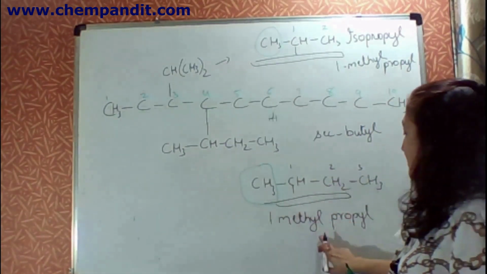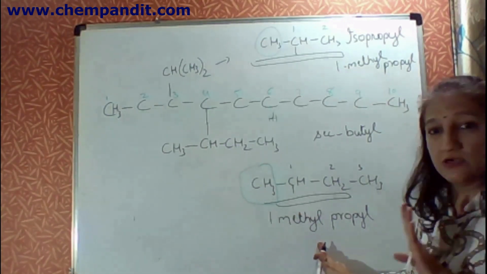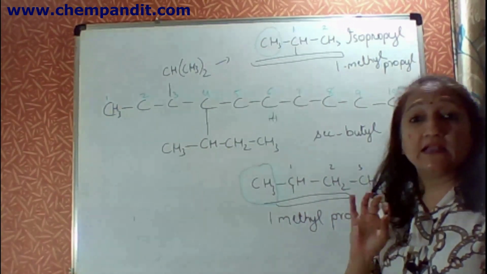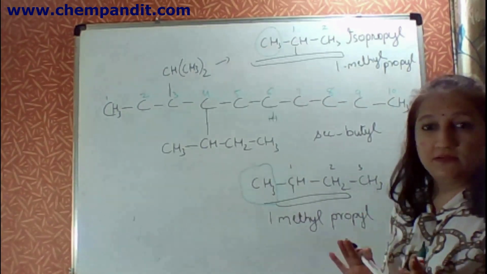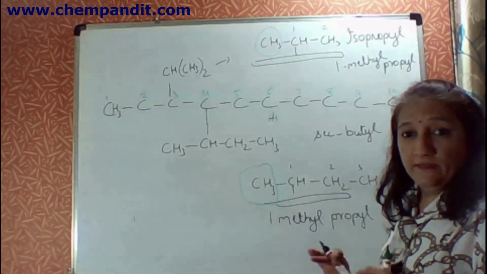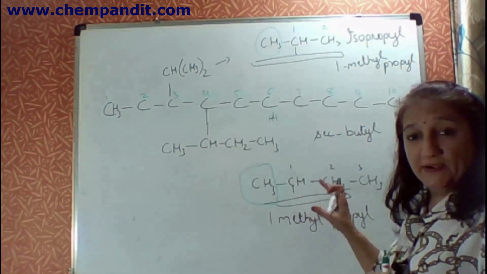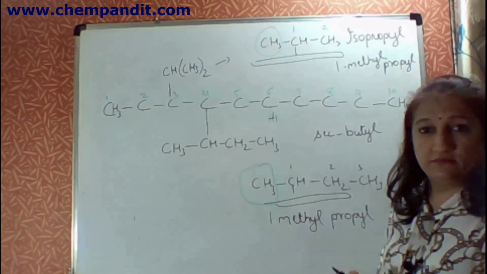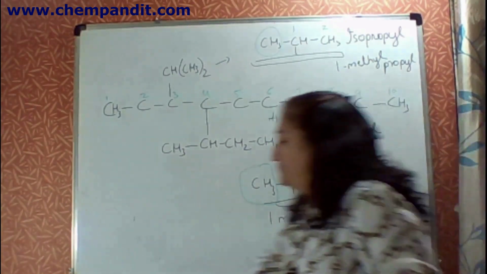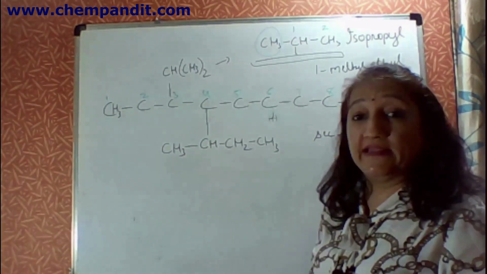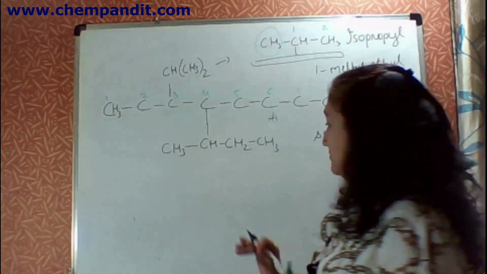So we cannot write 1-methyl propane. This is not propane. This is 1-methyl propyl because it is an alkyl group. Don't forget. Okay, this is the most important thing to be remembered over here. Since it is an alkyl group, it is a substituent. Therefore, propyl, ethyl will come. Ane will not come.